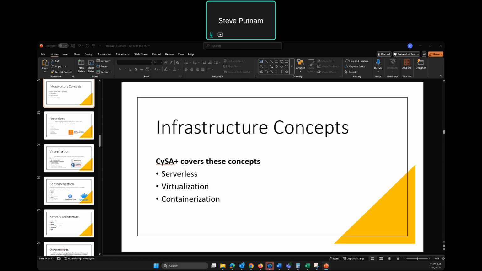Now, containerization is a little different. It's a lightweight virtualization method. It packages an application, for example, and all of its dependencies into a single unit called a container. They still do have virtual applications, but containerization is much lighter. The containers share an OS kernel, but they run in an isolated environment.